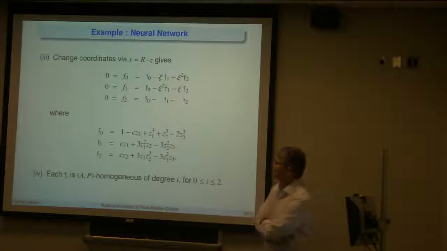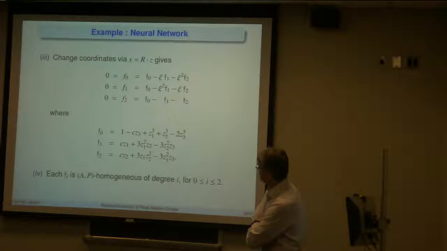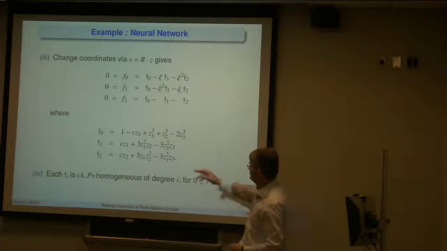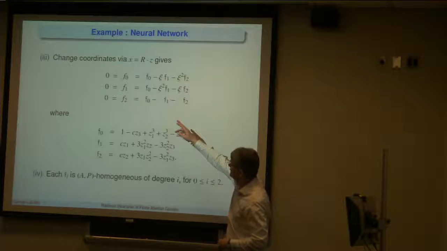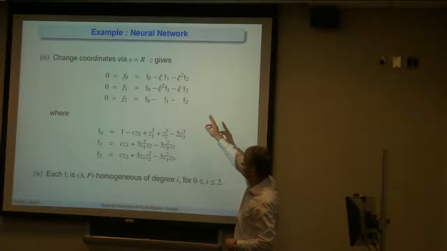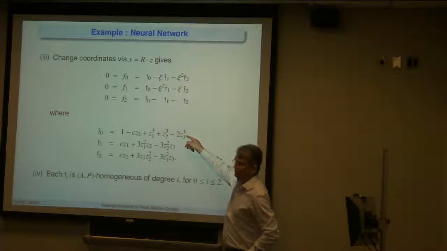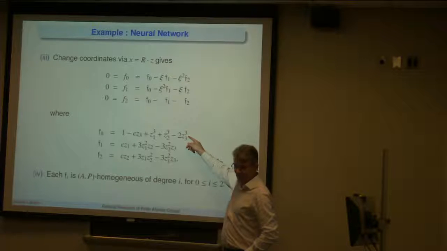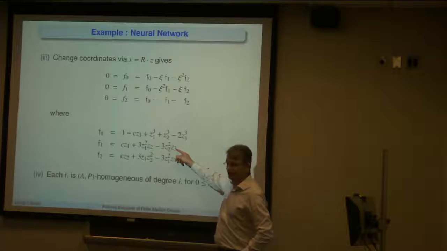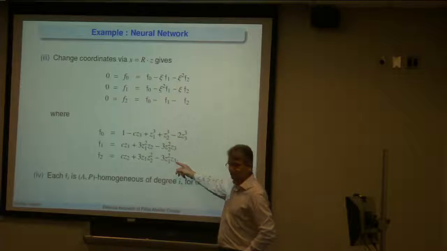And so here are my 3 equations, f0, f1, f2. It turns out that I can break f0 down into a sum of 3 components. This one is homogeneous of degree 0, so it's invariant. This one is homogeneous of degree 1. This one is homogeneous of degree 2.